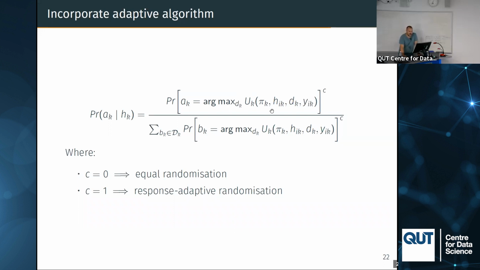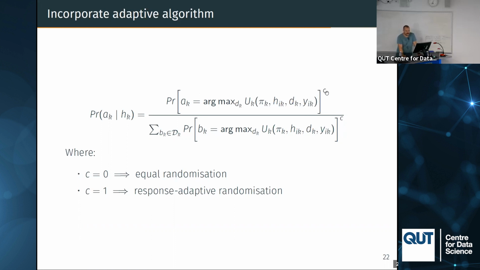And that is, I think that should be a Q, no. I can't remember what I've done there, but that should be the Q function, sorry. So it maximises the posterior expected utility.